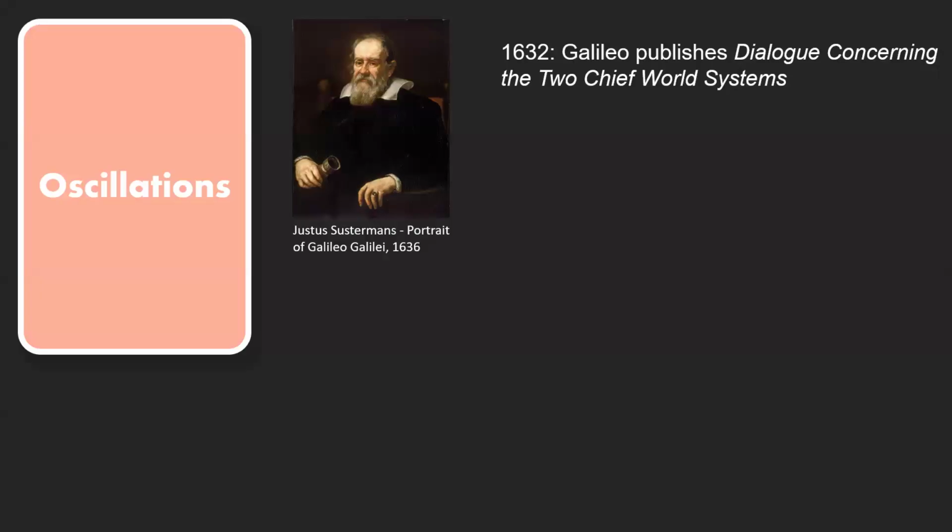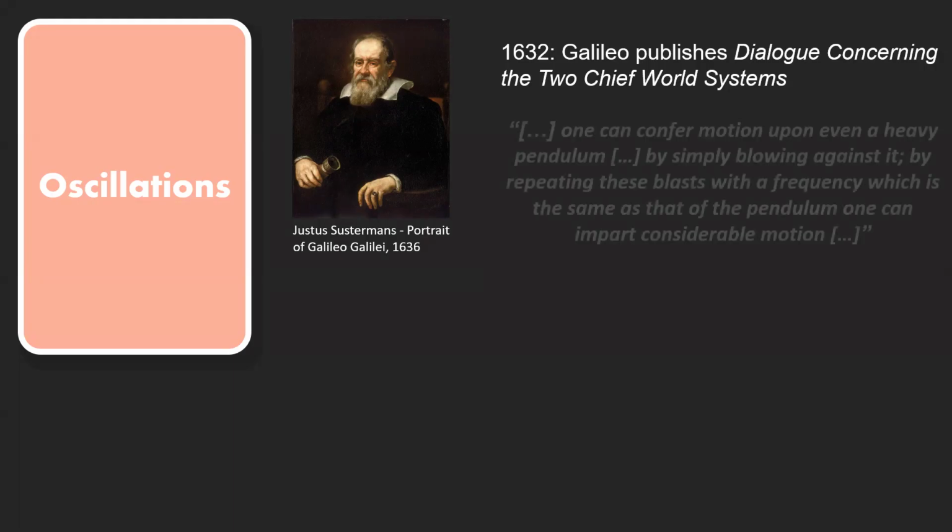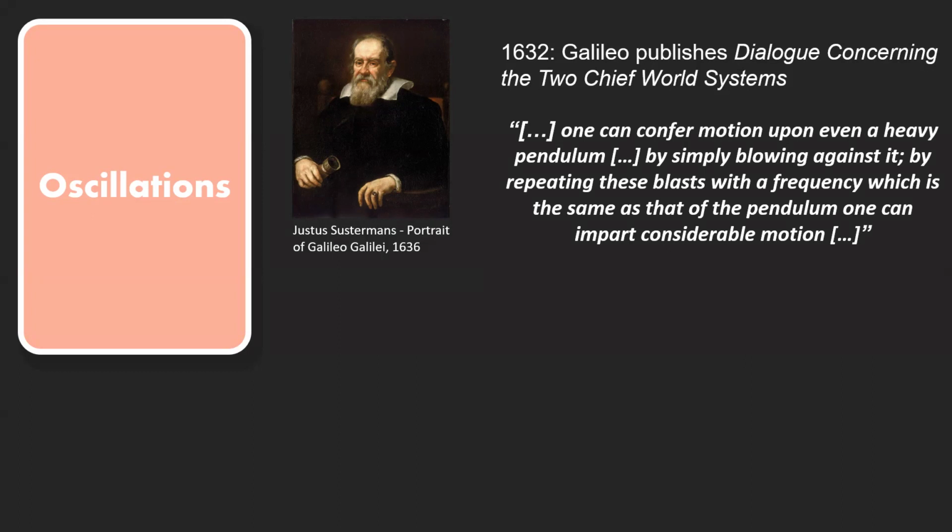But I'm not going to talk about that. I'm going to talk about what they said about the pendulum: one can impart considerable motion. So this is a lot. I'm going to try to explain it.